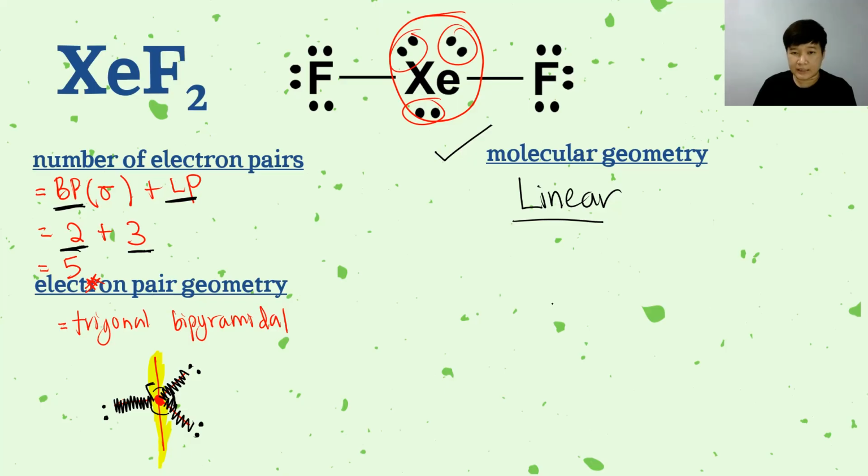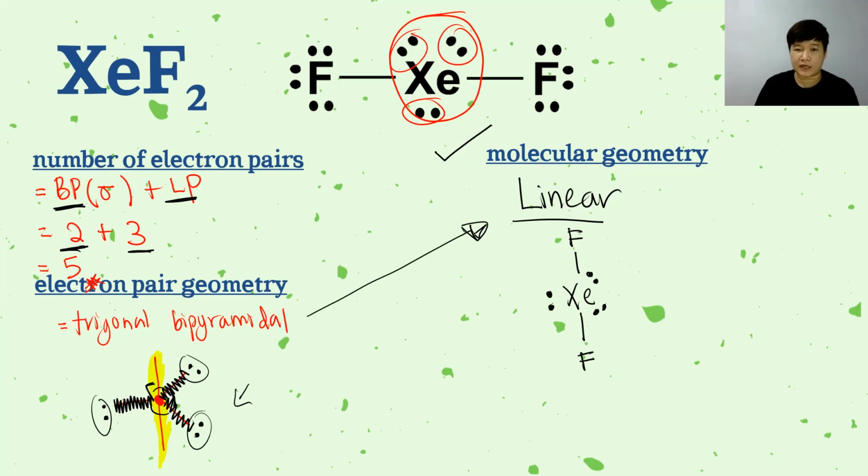You can draw it in another way. You can also draw it like this. And the position of your lone pairs, can you see? So the position of your lone pairs will be 1, 2, 3. That is how your trigonal bipyramidal changed to become linear due to the presence of 3 lone pairs at the central atom.